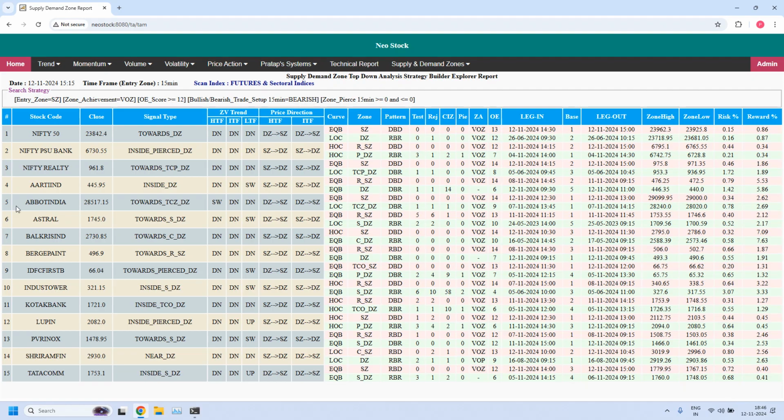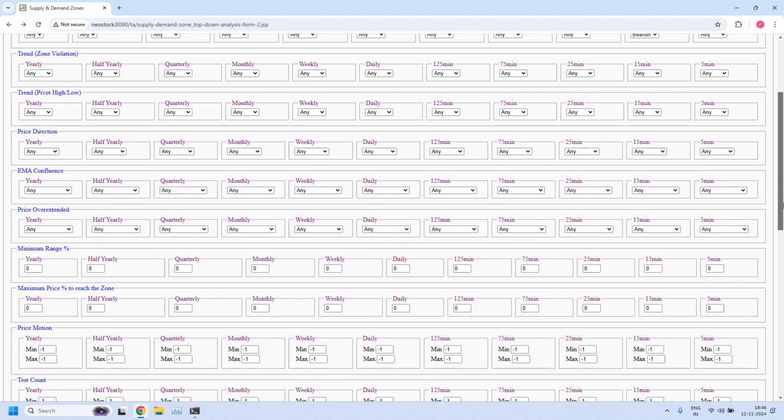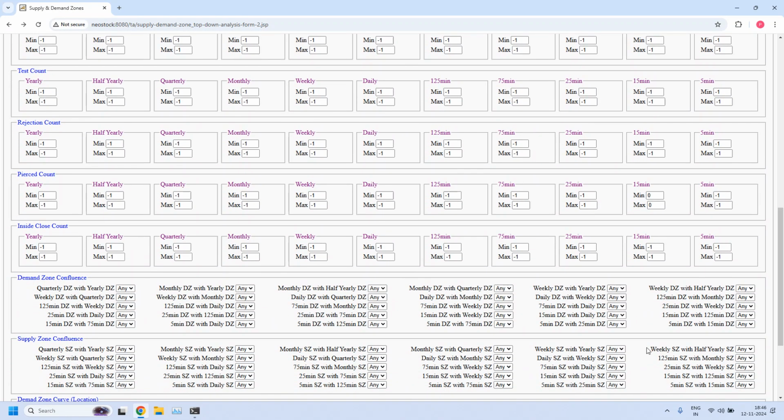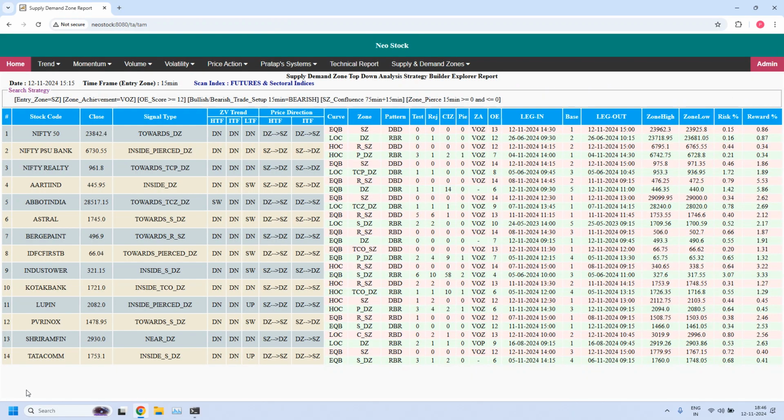So first filter is based on LTF and ITF supply zone confluence. That means the 15 minute supply zone should be part of the 75 minute supply zone. So I am enabling the filter 15-minute supply zone with 75-minute supply zone confluence. With this filter, we got 14 stocks.